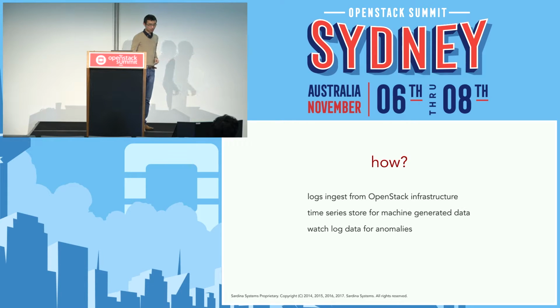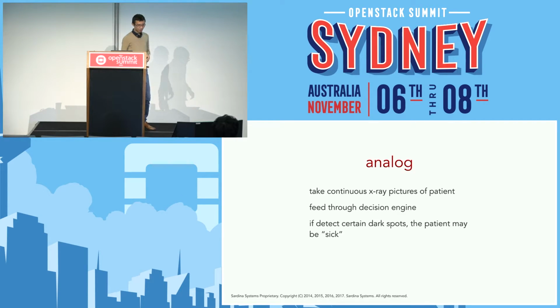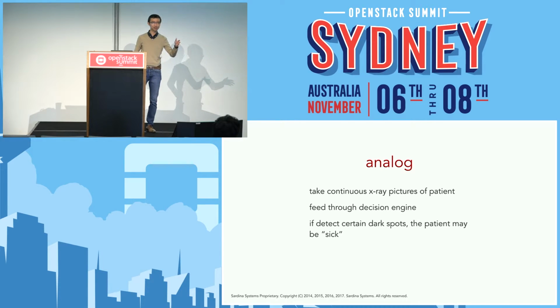So how do we do it? Well, you take OpenStack infrastructure logs, you shove it in to a time series data store, and you watch for anomalies. So the analogous situation is where, for example, you have a bunch of patients, and you line the patients up. And let's suppose that the patients are actually alive, because if they are already dead, you can eliminate them, right?